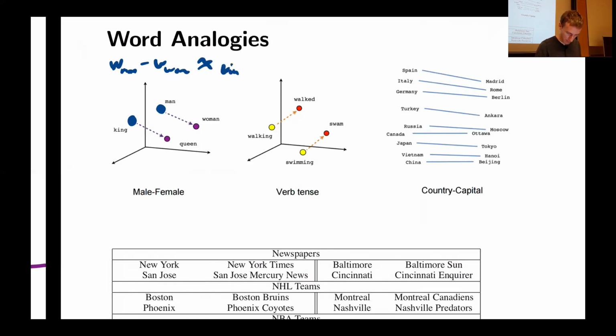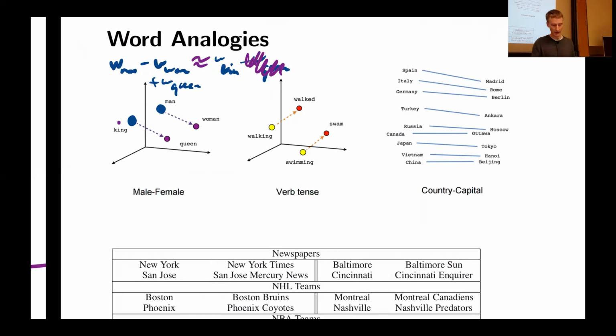If you take it to the other side, you can do this kind of algebra: man minus woman plus queen. Now this has gone to the other side, and then you are somewhere, and that word happens to be something very close to king.